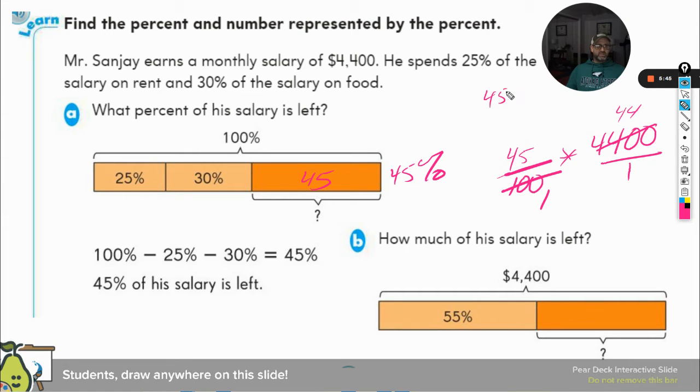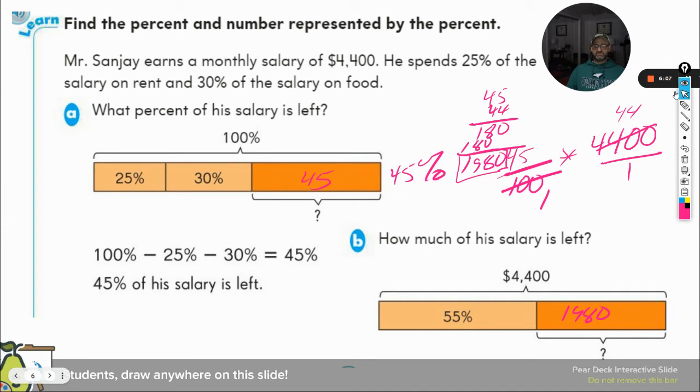So I'm going to do 45 and I'll put 44 on the bottom, and here's why. Because it's the same thing twice. So I get 1980, right? So I spend 1980. What? No. I have 1980 left. Boom. I'm going to cry if that's not right.